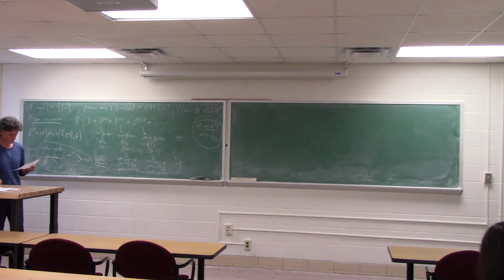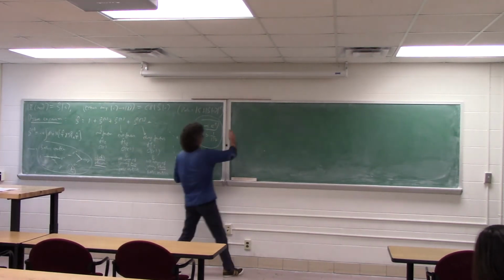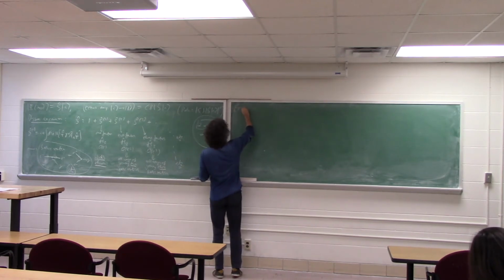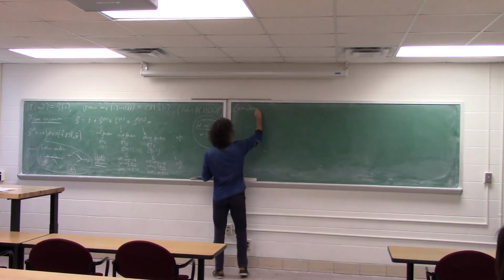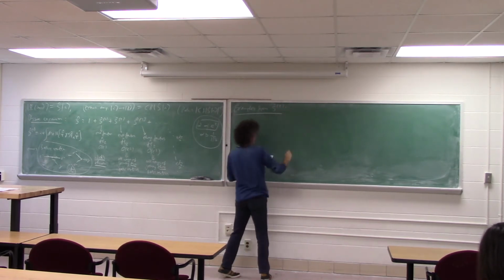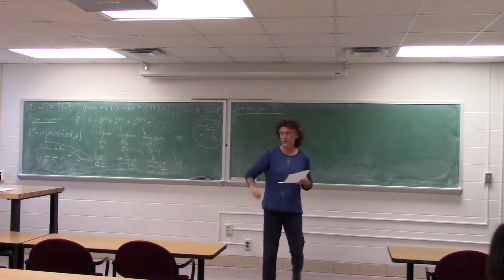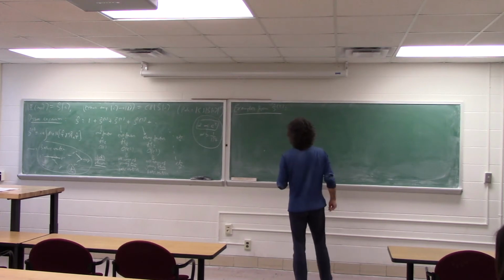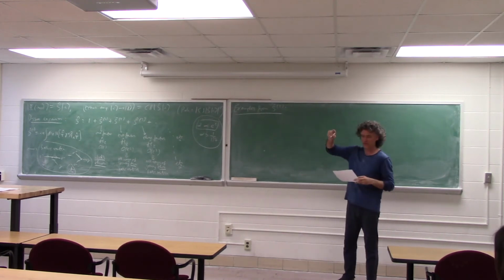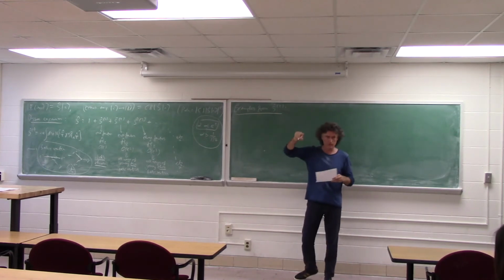So, let's look at some examples from the second order term. Hopefully, you did this homework where you showed that in S2 there are a series of terms, a number of contributions.